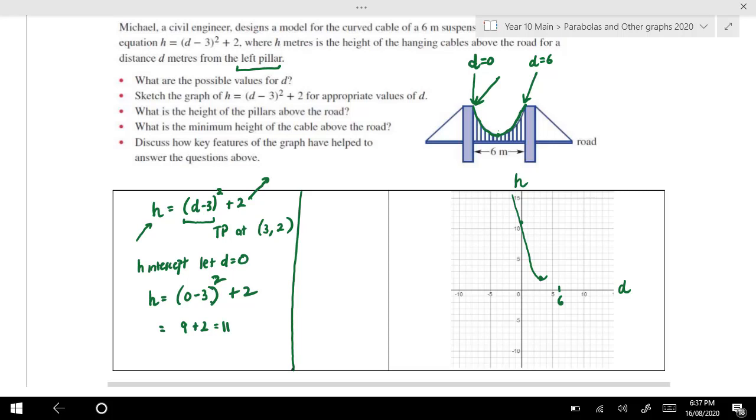Because it's symmetrical and the turning point's halfway, I'm going to guess that it's going to be the same. So it's going to look something like this.